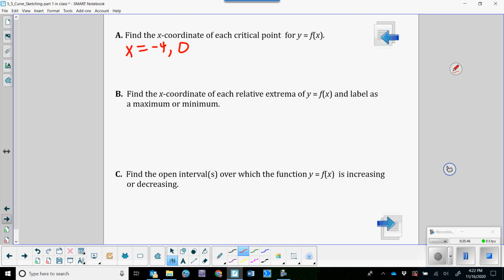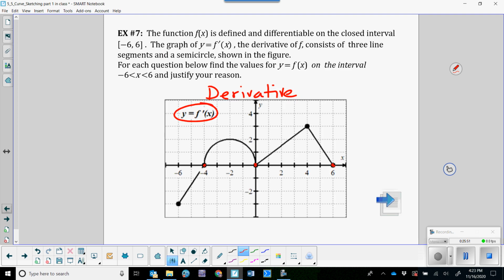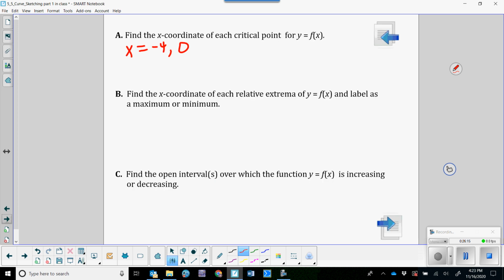Okay, then it says find the x-coordinate for each relative extrema and decide if they're max or mins. So again, we won't count that one. If this and this are your critical points, and this is f prime, it's going from negative to positive here and positive to positive there. So you're not going to have any kind of relative extrema anywhere except at -4, where it changes from negative to positive.